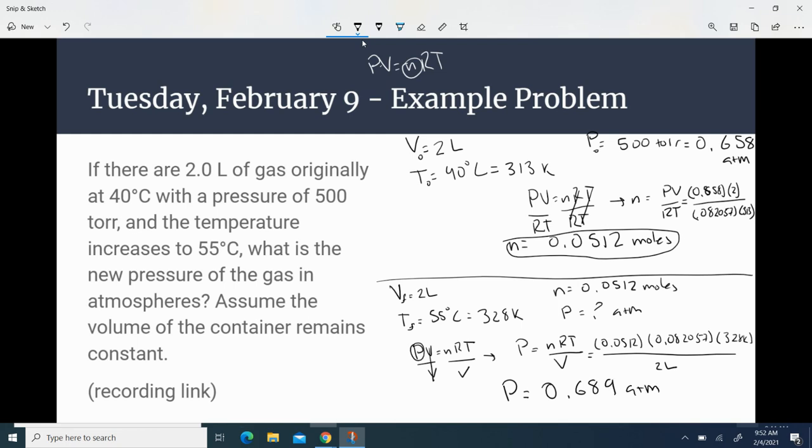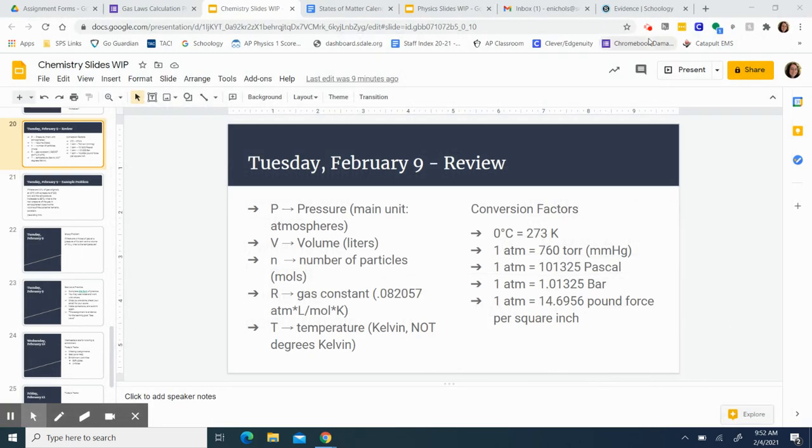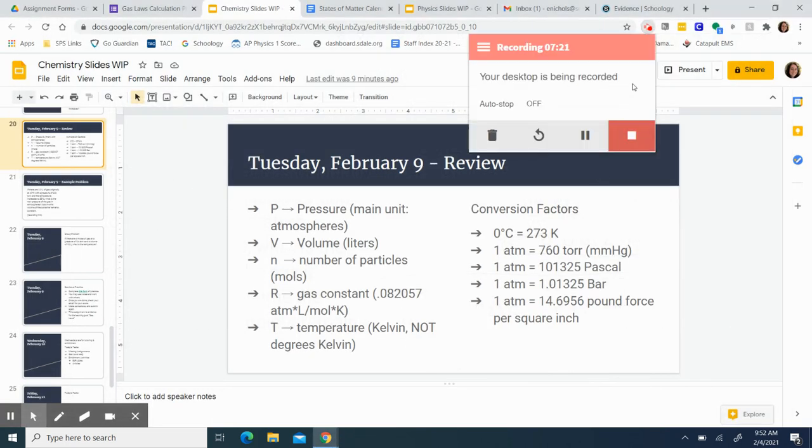It's already in atmospheres because our R value had the unit of atmospheres. So this is our new pressure, our final answer. It's not that much of a change. We went from 0.658 to 0.689, but we also didn't change our temperature that much. 15 degrees, as far as gases go, that's small potatoes. Hopefully this has been helpful. I'll see y'all in class.